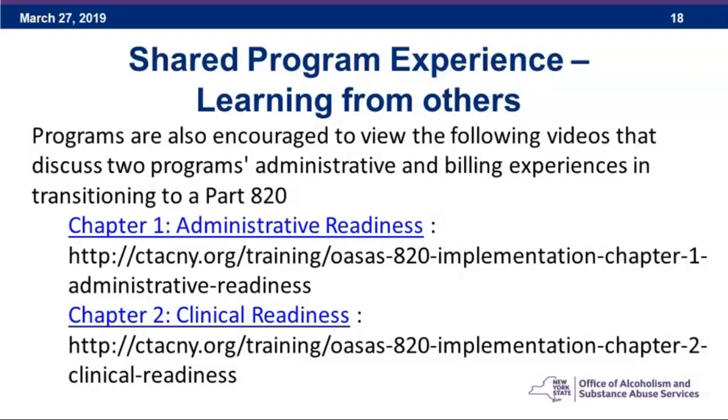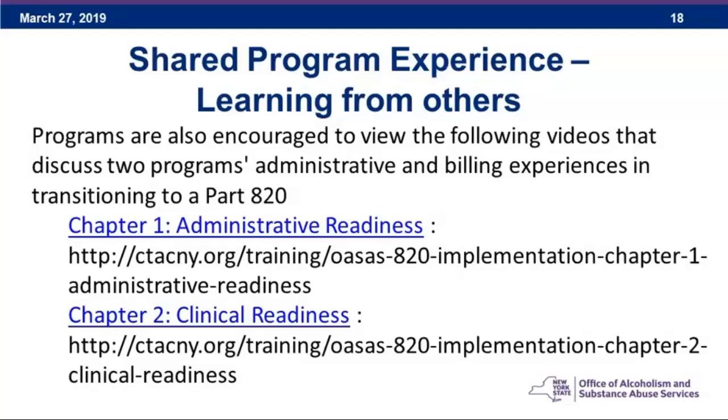It's their direct experience about how they thought about getting ready to not only do the 820 application, but once they go live, how they were going to support that implementation from an operational perspective. They took a lot of the materials that OASIS had already created and also informed us of ones that we needed to create. So I really encourage folks that have not yet submitted the application to take a look at both of these providers talking about how they thought about it from both an administrative perspective and a clinical perspective.